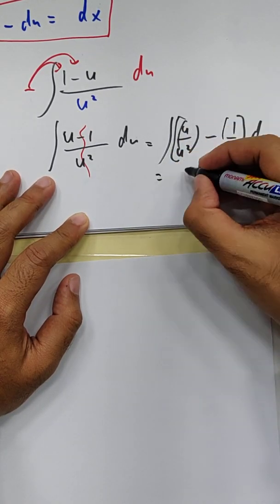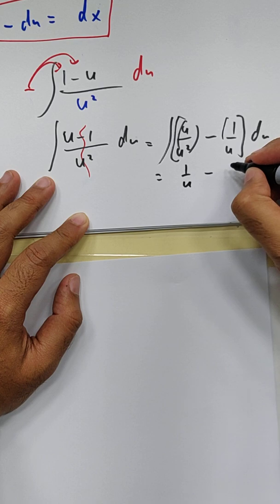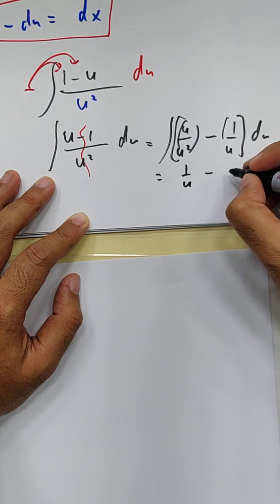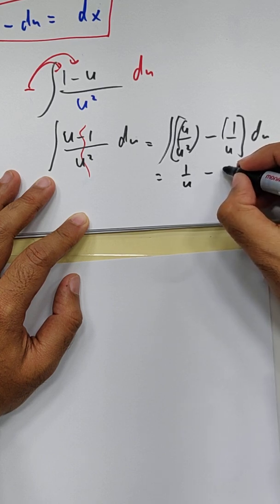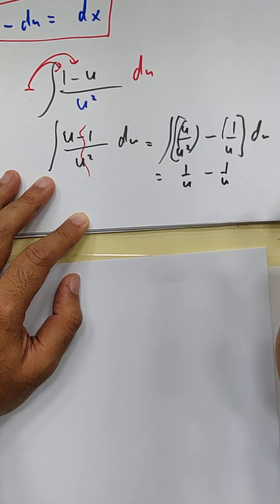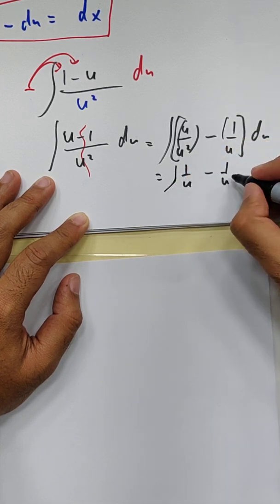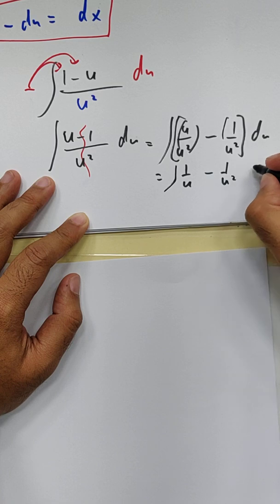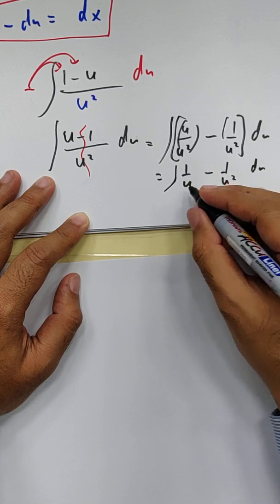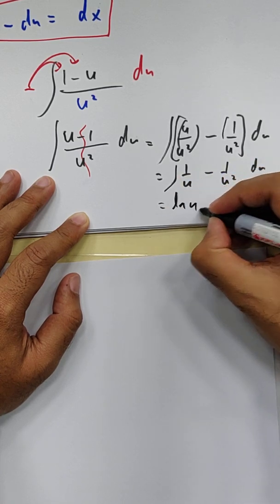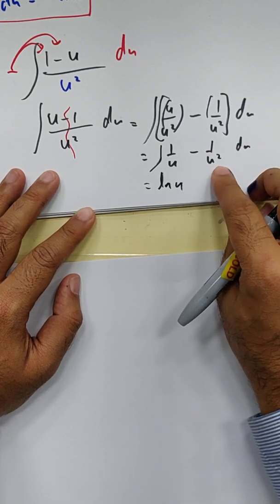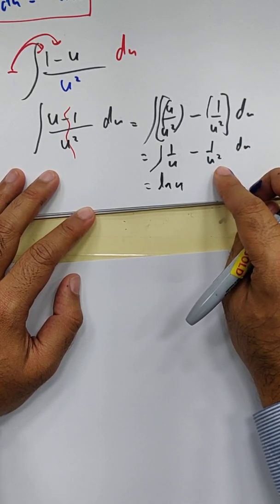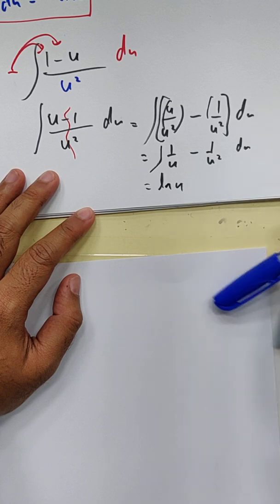And you can see here easily 1 over u minus. Is it the same thing? Oh yeah, u squared. I miss it. Thank you. This one here is integrating ln u. What about this one? You bring it up.